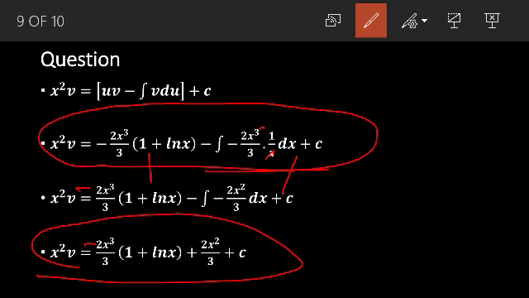You are going to have plus integral of 2x squared over 3. Sorry for that mistake there. When we integrate 2x squared over 3, we are going to get 2 over 3 times integrate x squared, which gives us x cubed over 3. So that will give us 2x cubed all over 9. So we correct that. That now leads us to the final answer here.